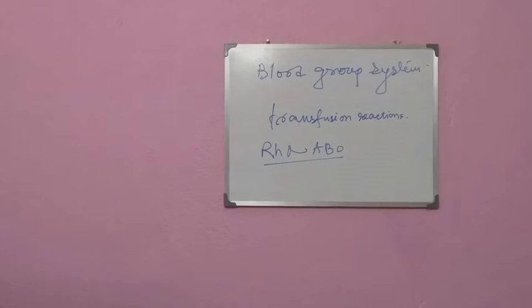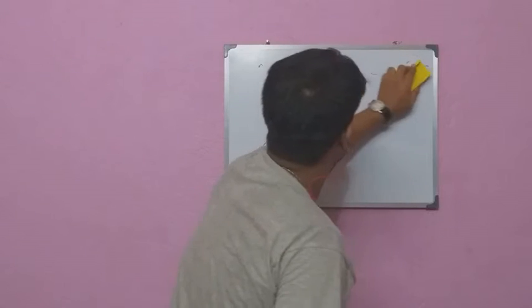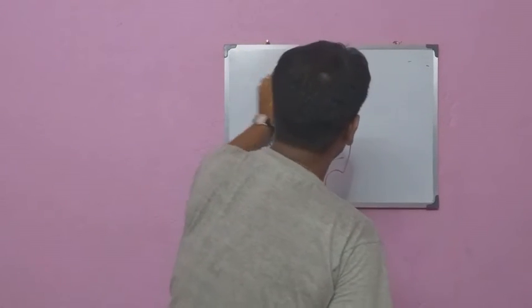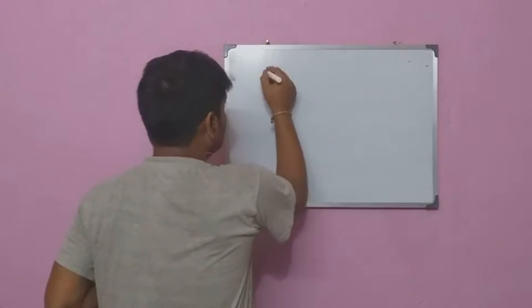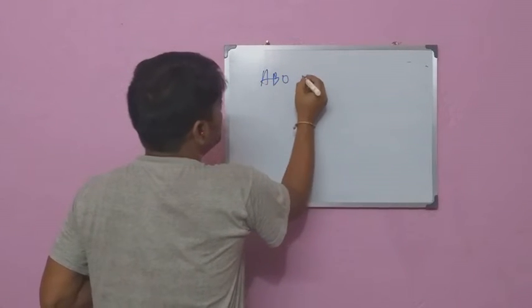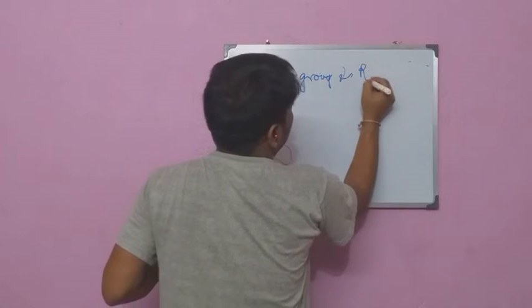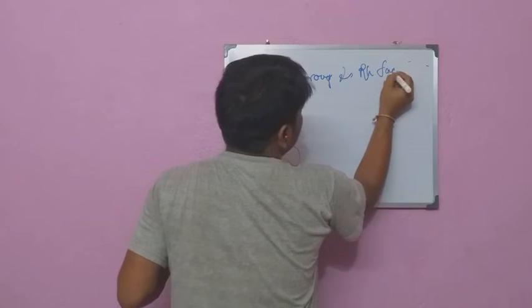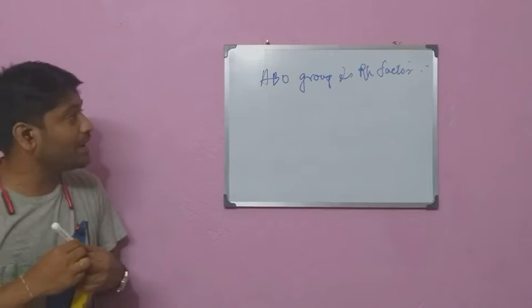Now we look at what the ABO and Rh blood groups are.